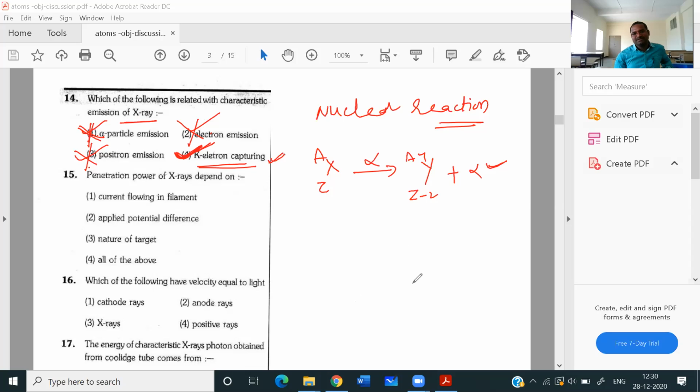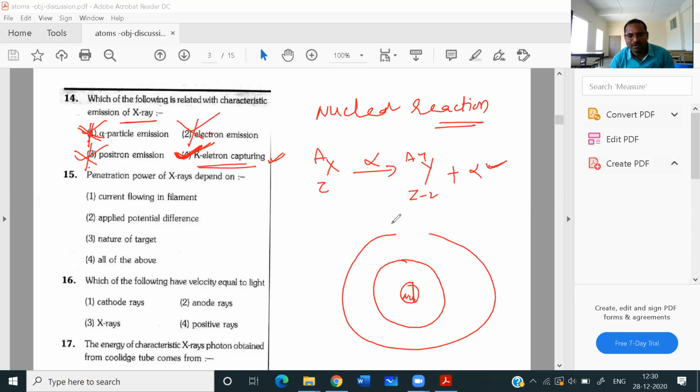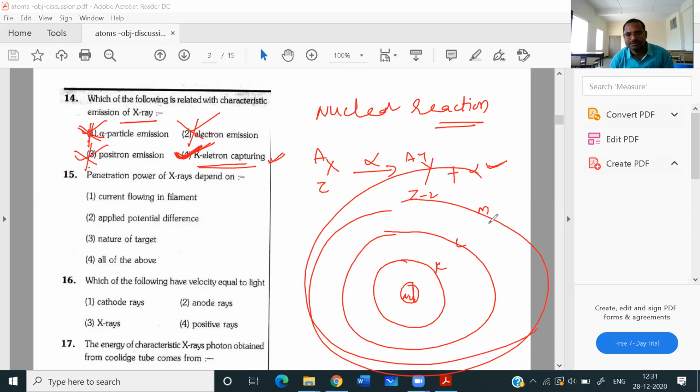See here, nucleus will be there. Let's imagine this is the nucleus, and around this nucleus, electrons are orbiting in K shell, L shell, M shell, N shell, like this.